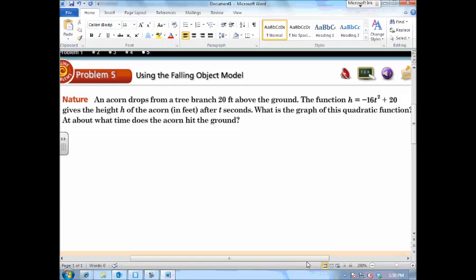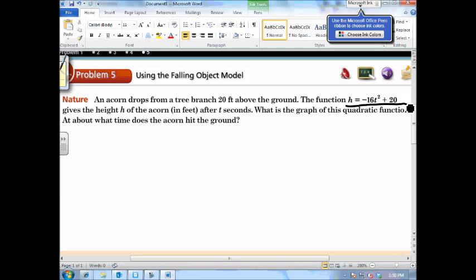The function h equals negative 16t squared plus 20. Are you writing this down? I thought we just had to write down the equation. Nope, the whole problem. If you don't have room, flip it to the back. So we need room underneath it to solve.